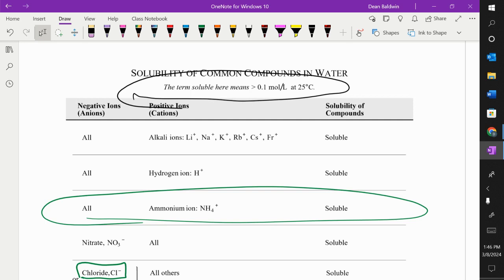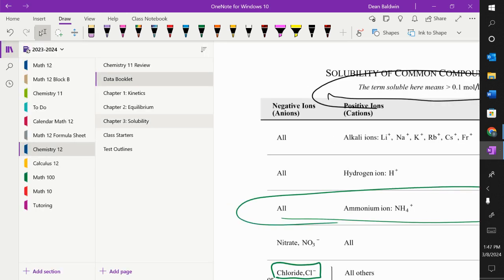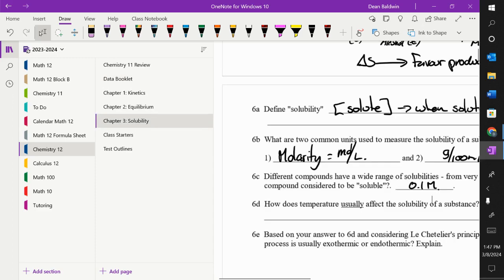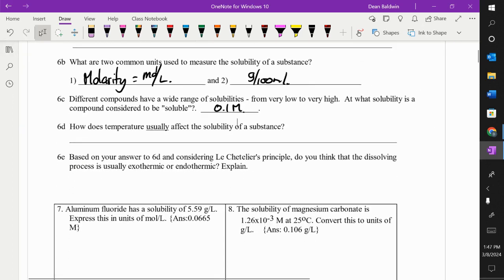Why do they have to give you the temperature? Because solubility is temperature dependent, right? Most things are more soluble at higher temperatures, but not everything. So it's a relative term, and you need to know the temperatures.